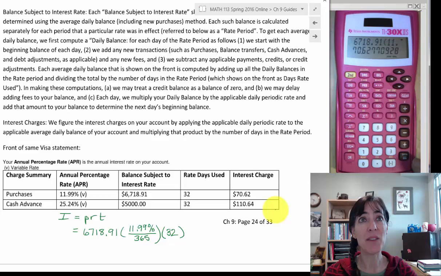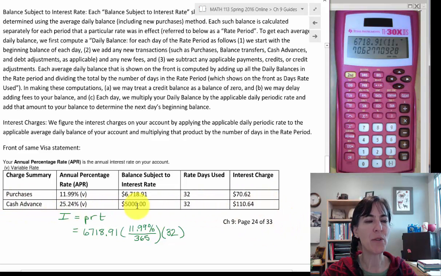And I get $70.62 or 63 cents. I get 63 on my calculator by rounding, but they're just charging 62. So if I'm coming within a penny of what they've calculated, I figure we're doing pretty well.